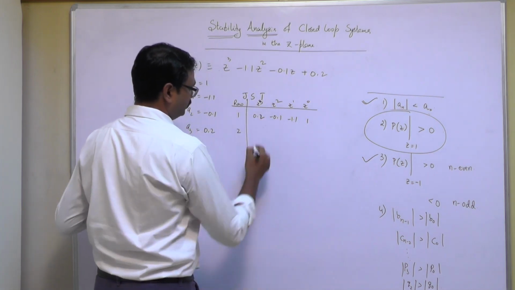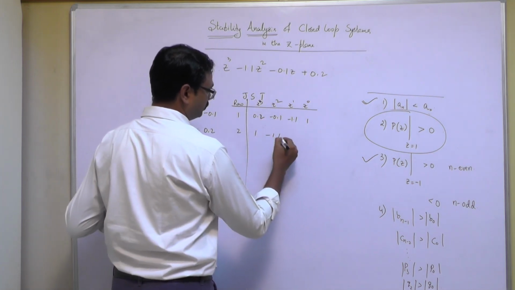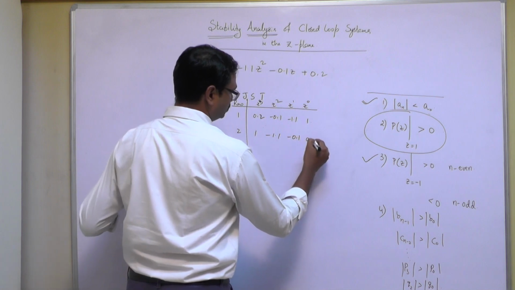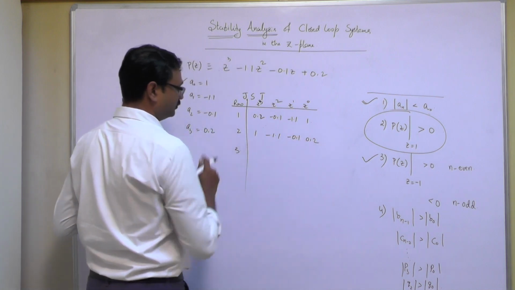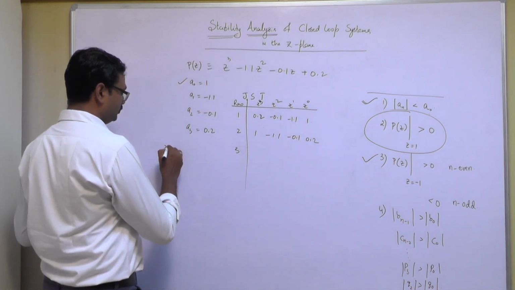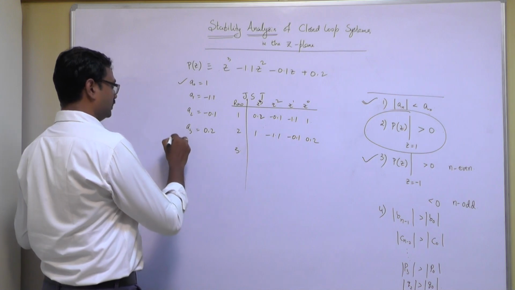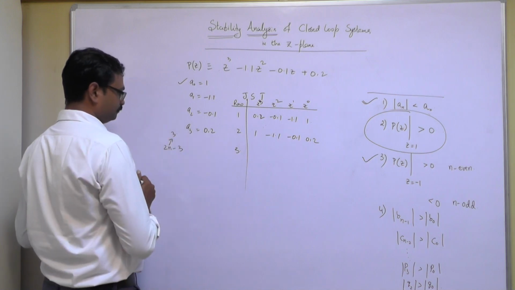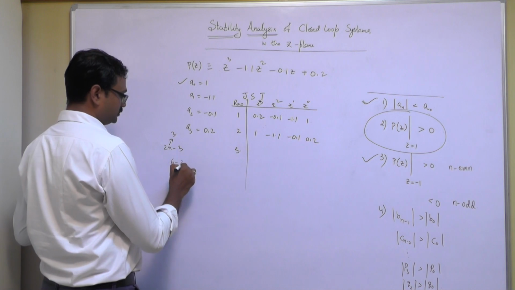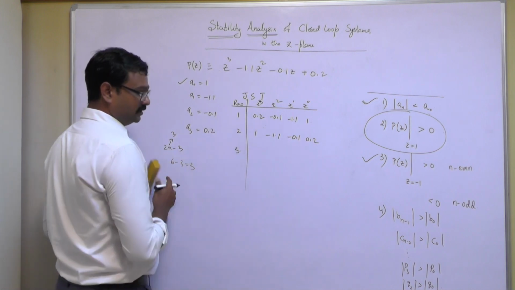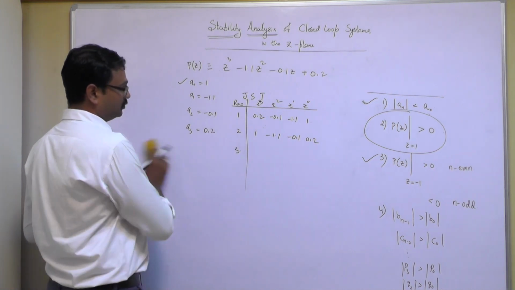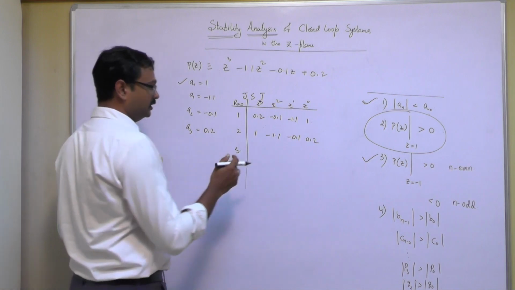Second row we have 1, minus 1.1, 0.1, 0.2. And the third row, how many rows we will be having? 2n minus 3, where n is equal to 3. Right, so 6 minus 3, you have only 3 rows, 1, 2, 3. So we are having only 3 rows.